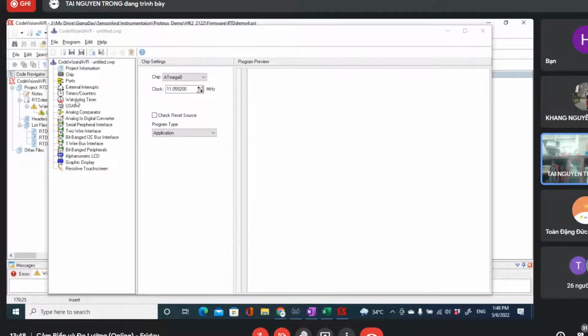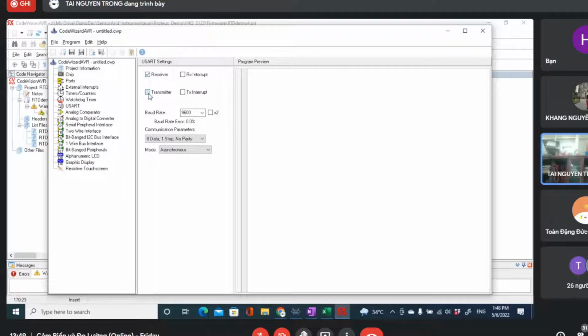Okay, ATmega with the big value, and enable UART. I will take transmission and interrupt, and then analog.